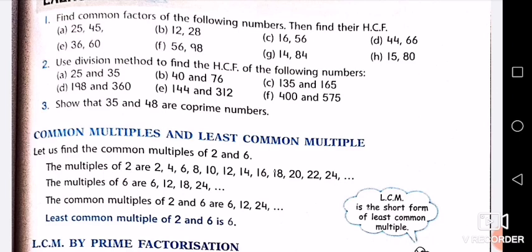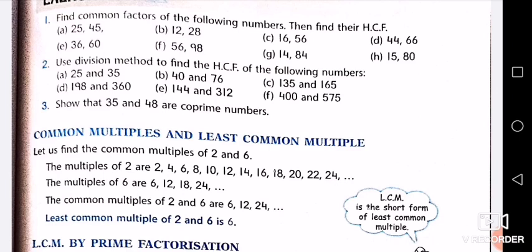The factors of 60 are 1, 2, 3, 4, 5 also, since 12 fives are 60, 6, then 12, 15, 20, 30, and then 60 itself.